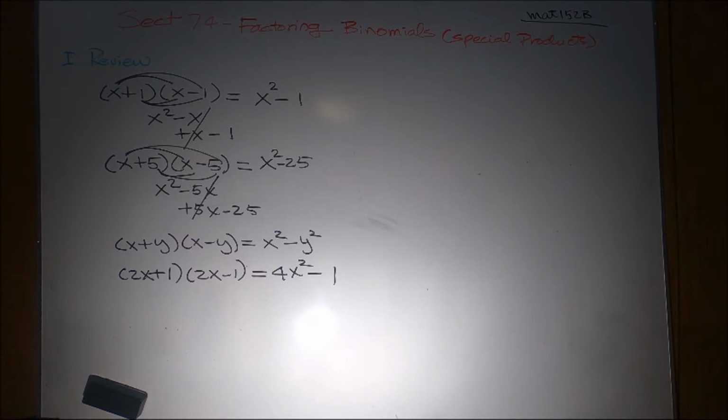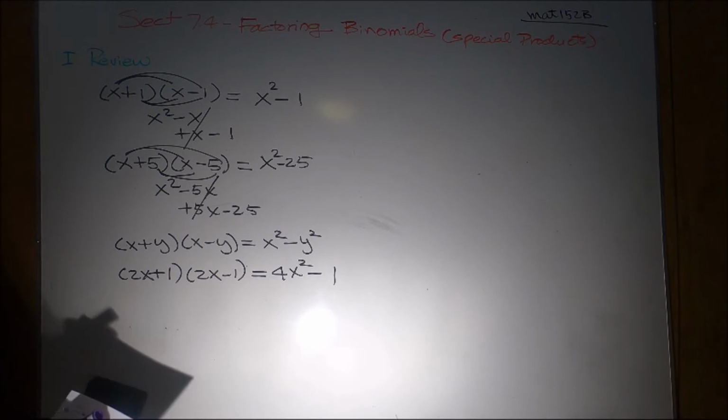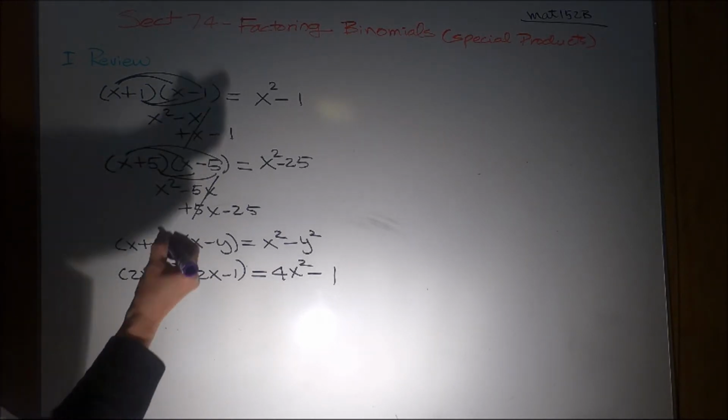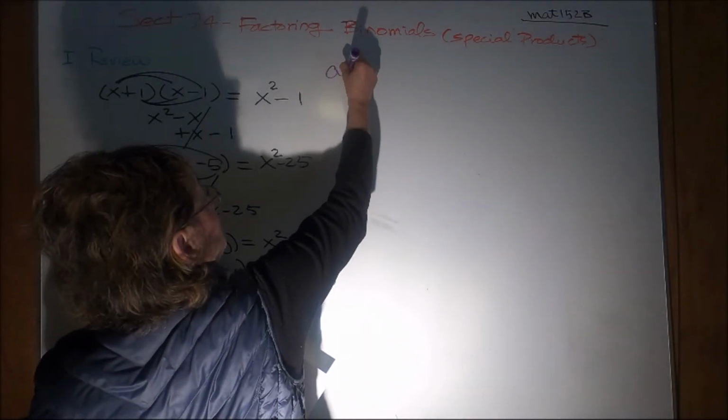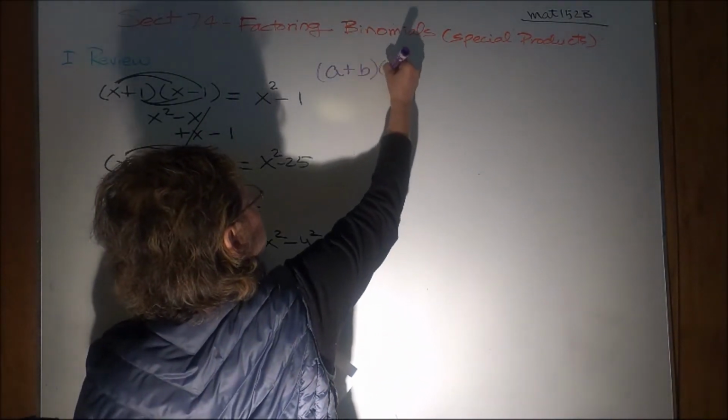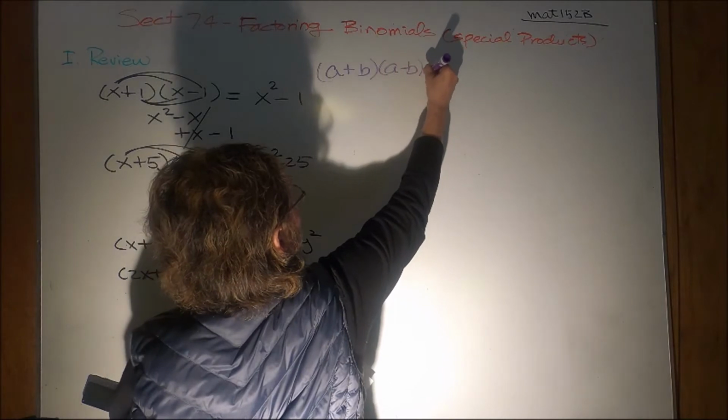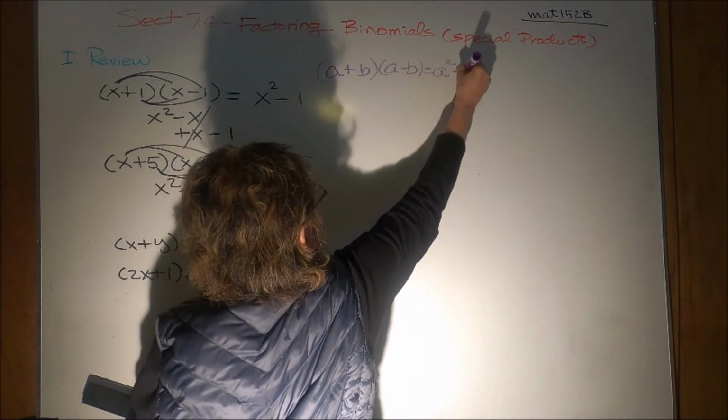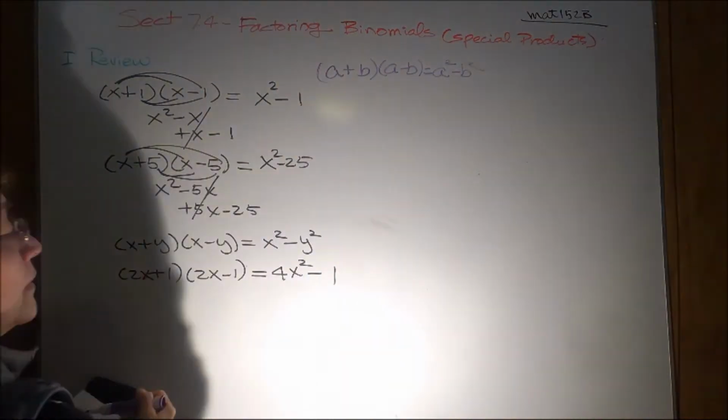So the formula we are talking about is a plus b times a minus b. We should have what? a squared minus b squared, right?